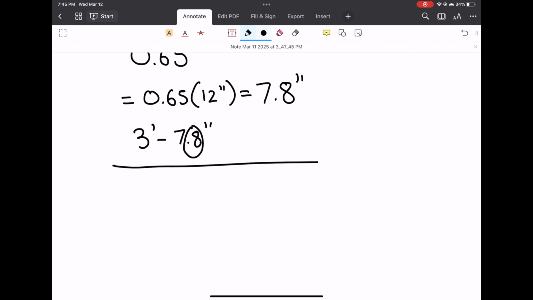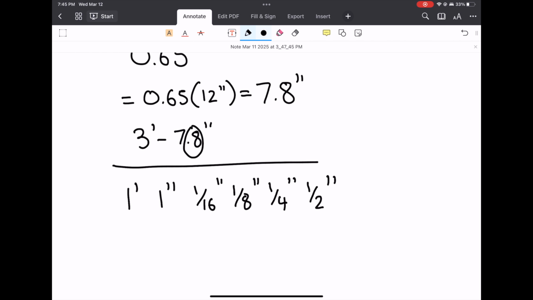So on a measuring tape, you're going to have full inches, full feet, 1/16 of an inch, 1/8 of an inch, 1/4 of an inch, and I think 1/2 of an inch.